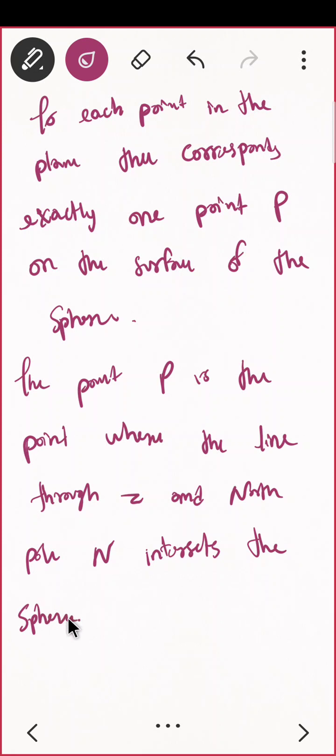Okay, and just now we saw that. Now you'll see that you'll get each point in the same manner.